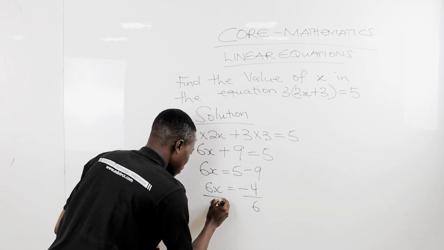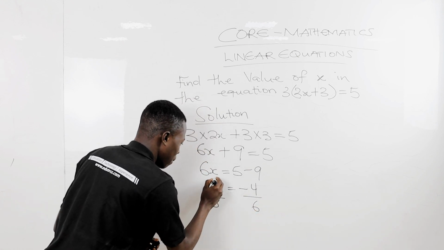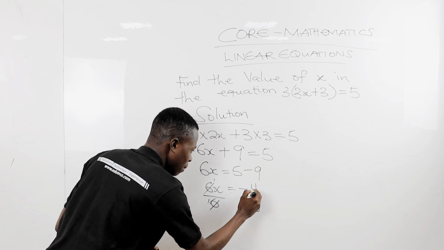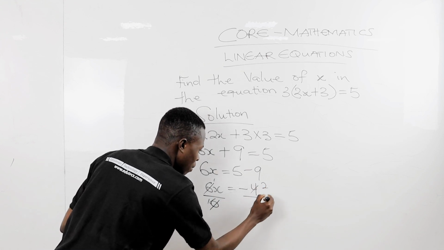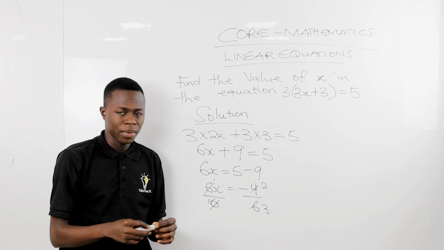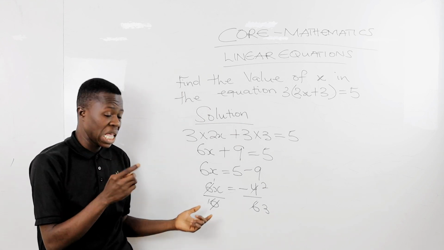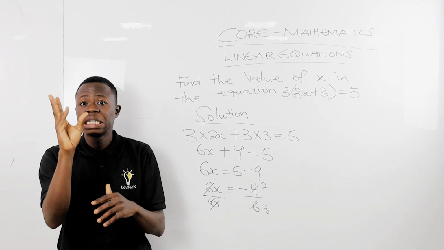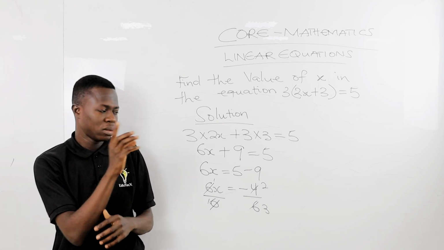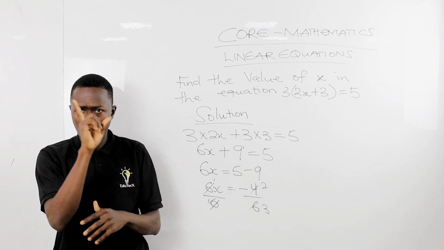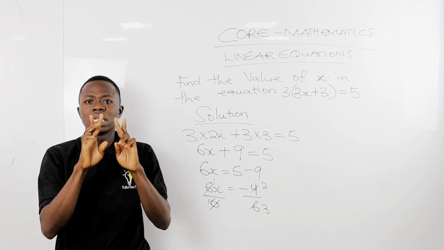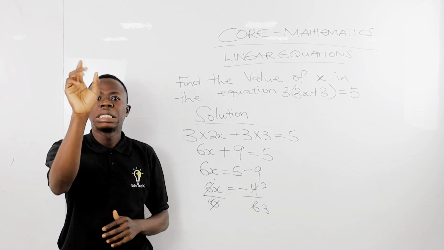So let's try that. So we know dividing 6 by itself, the answer will be 1, which is the same as x.